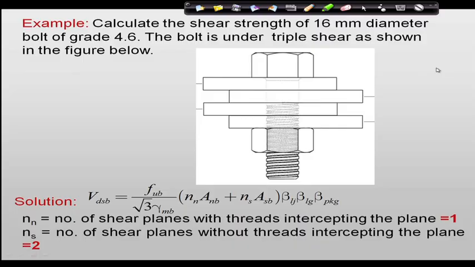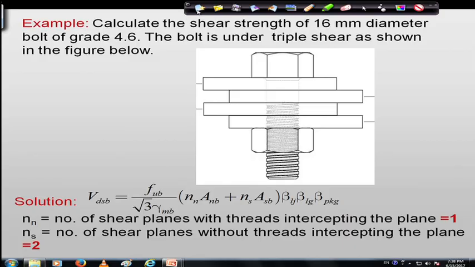Now, whatever we have discussed, we will go through one example to understand how to calculate the bolt strength. Here we first give an example of calculating the shear strength of the bolt. Say, for example, this is a connection where 3 plates, 1, 2 and 3, are joined by a bolt.